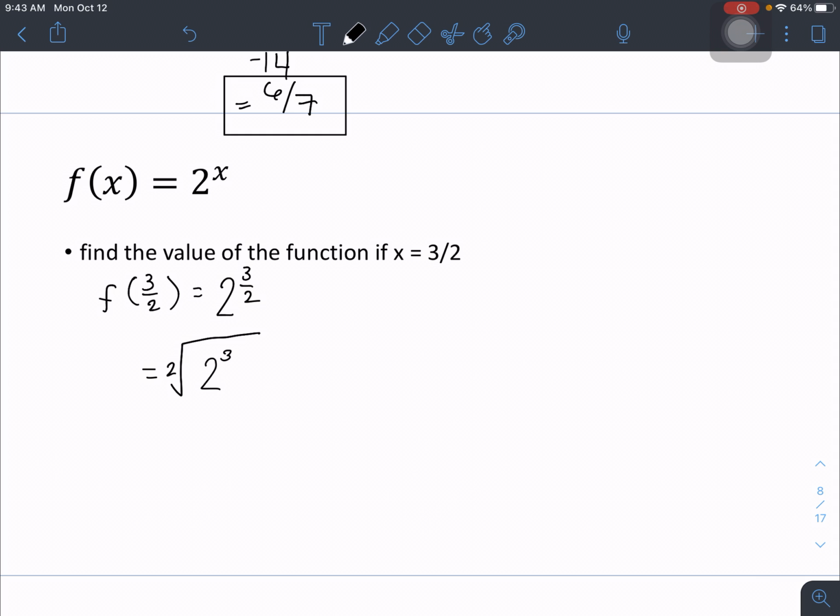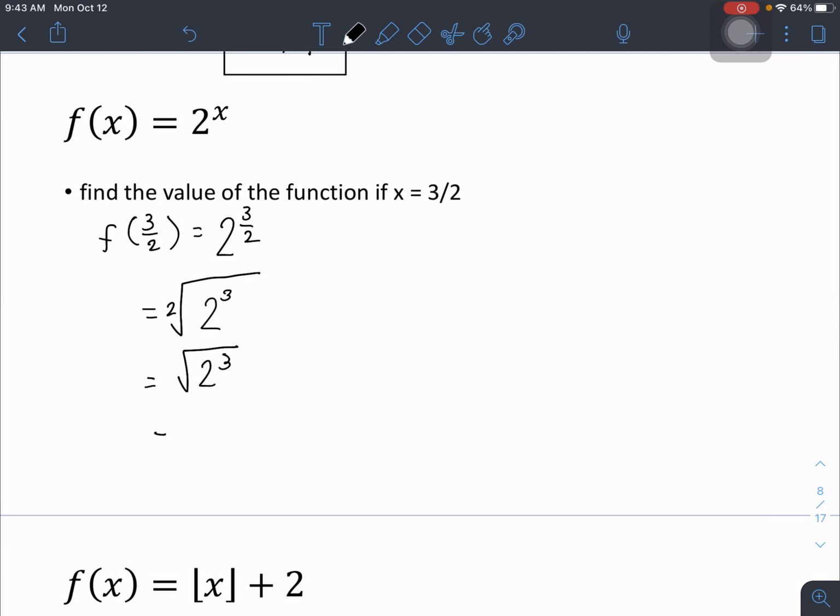Okay. So for convenience, if the index is 2, we don't need to write 2. So this will be 2 raised to 3, which is equal to 8. Which is, we can further simplify this square root of 8, because square root of 8 is not a perfect square, but then we can think of a number that is a factor of 8, which is also at the same time a perfect square.